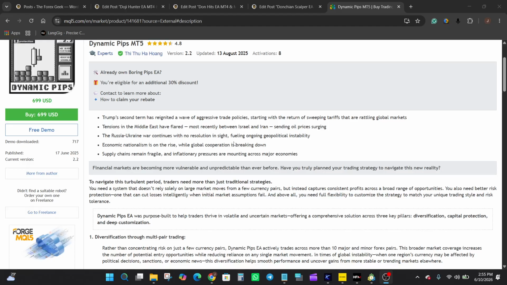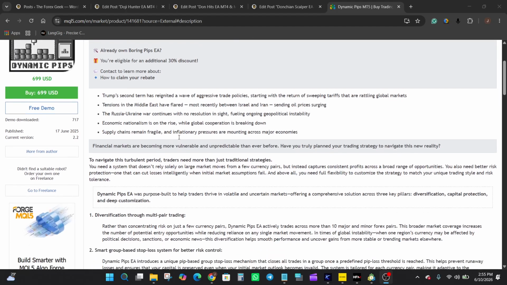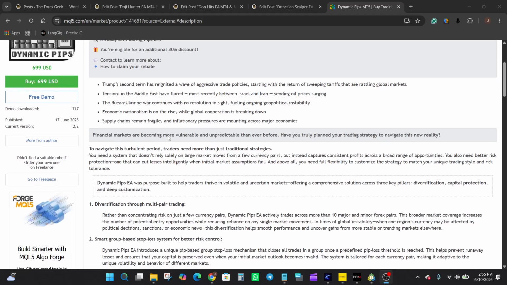Scrolling through the description, the developer positions this EA around adapting to volatile market conditions, especially with a focus on diversification. One of the key points here is that it trades across multiple currency pairs instead of relying on a single market, which is intended to spread exposure.